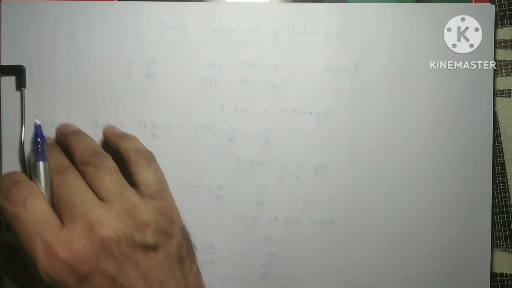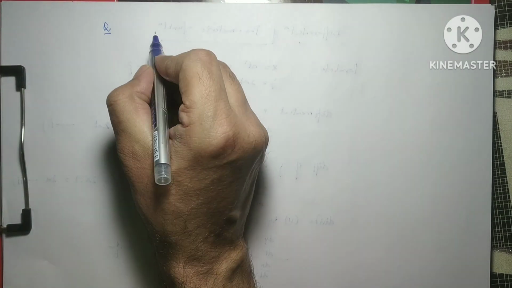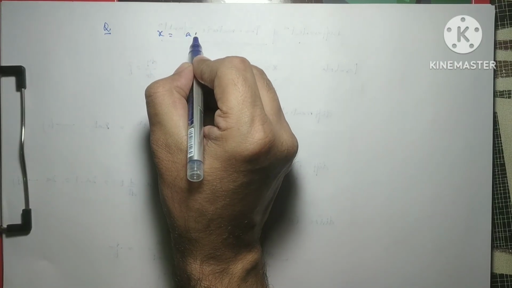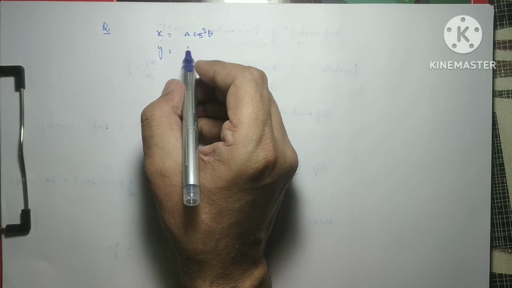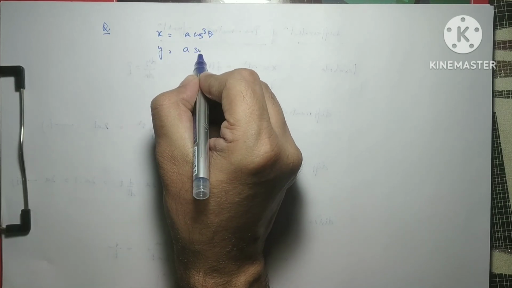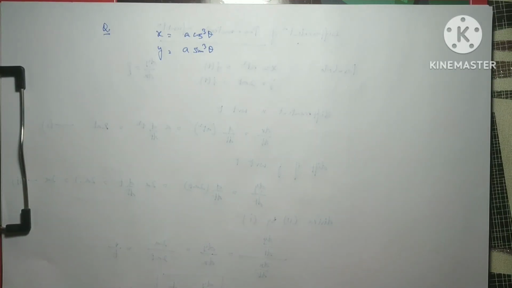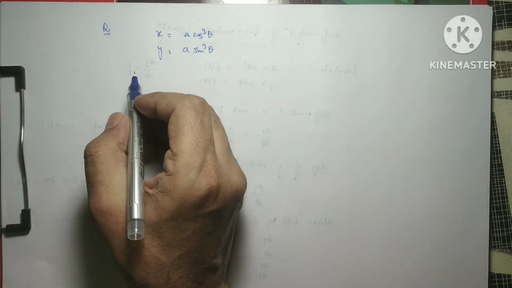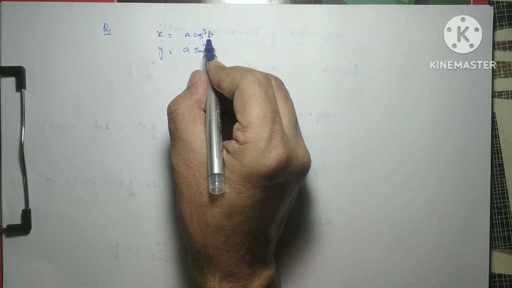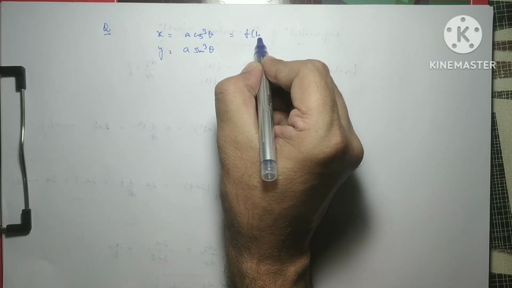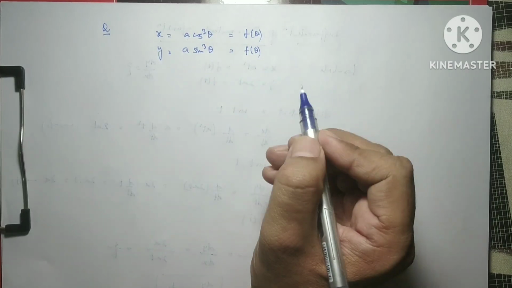Now the next question is x equals a cos cube theta and y is a sin cube theta. Again the similar pattern as we discussed in the previous question. It is a function of theta, so we will differentiate these equations with respect to theta.